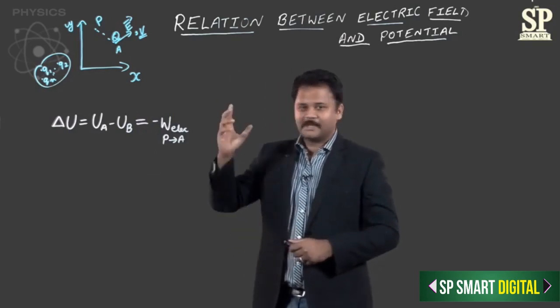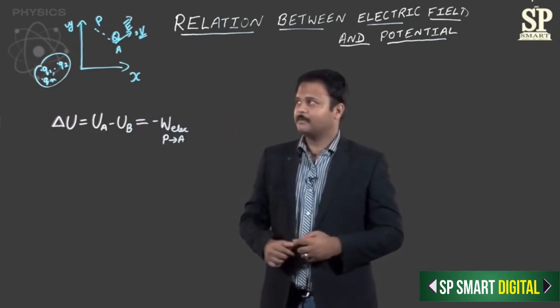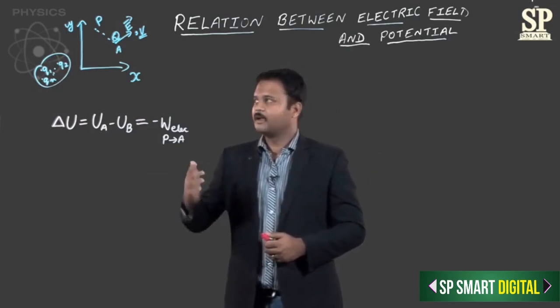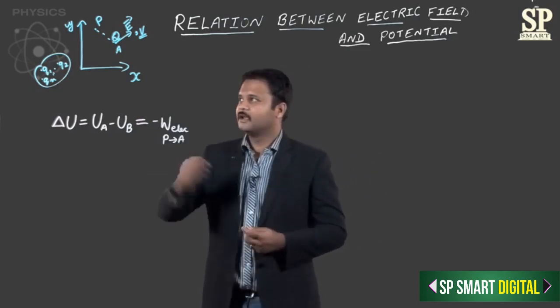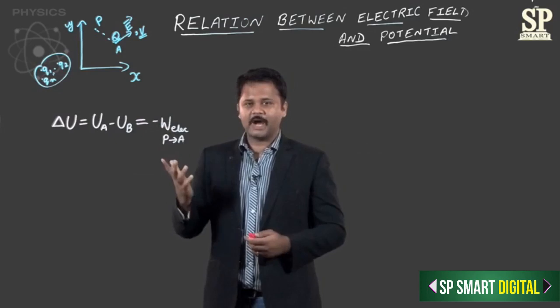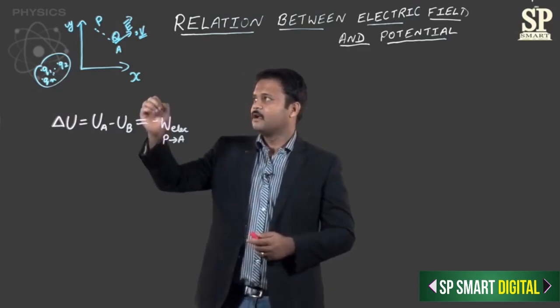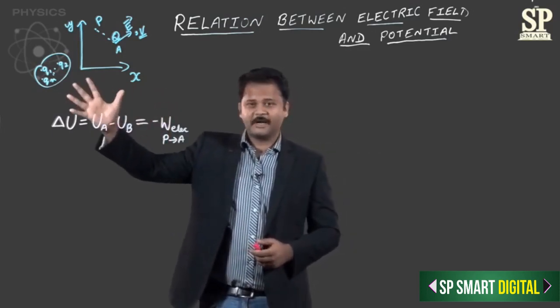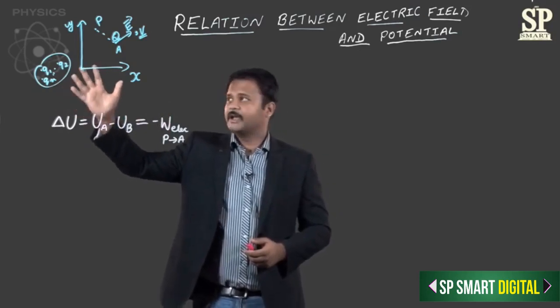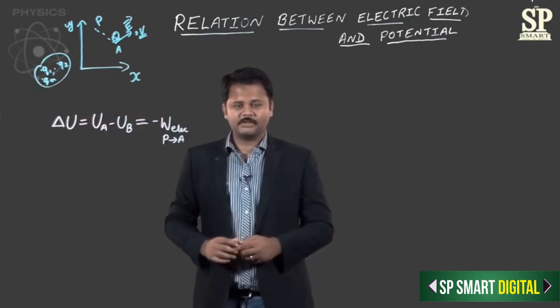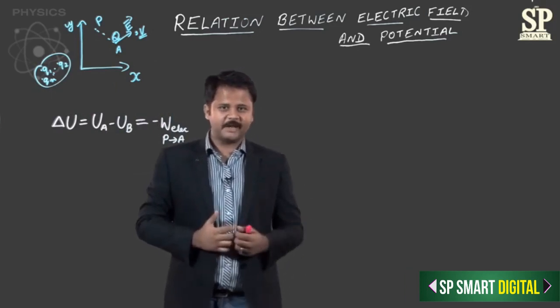So there must be some external force acting on the system, and that external agent ensures that the total electrostatic force due to all these charges is balanced out by the external force. It's just acting in the opposite direction.